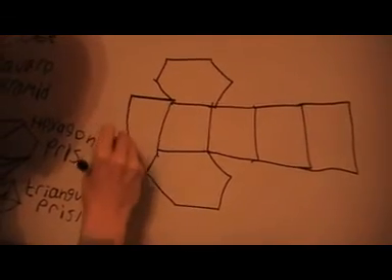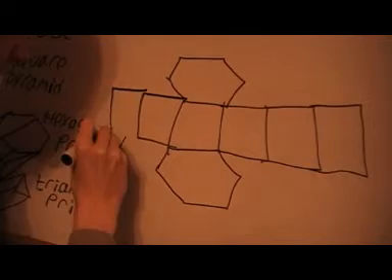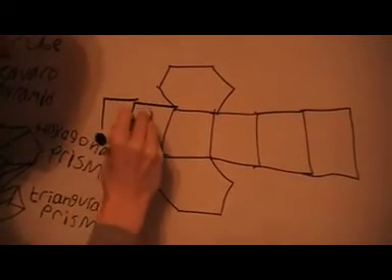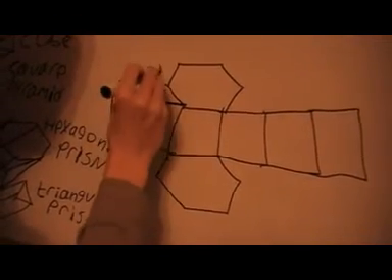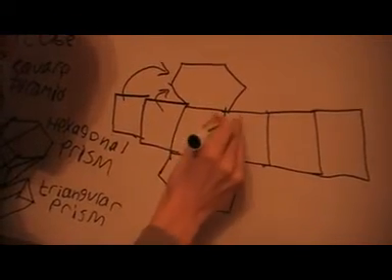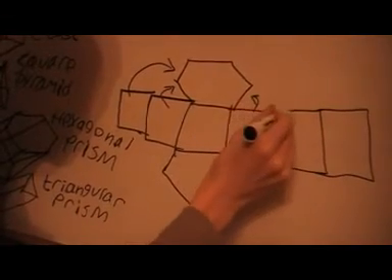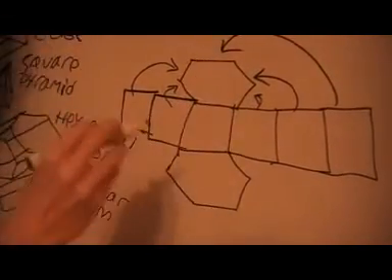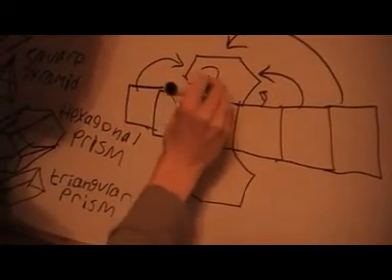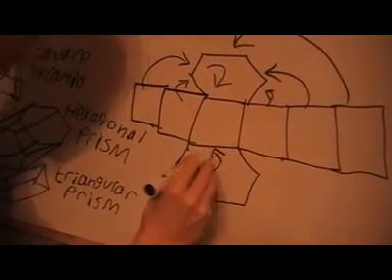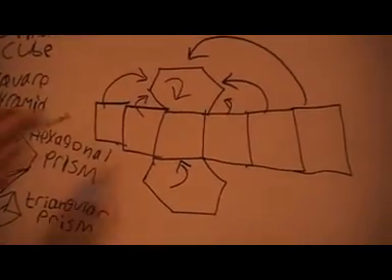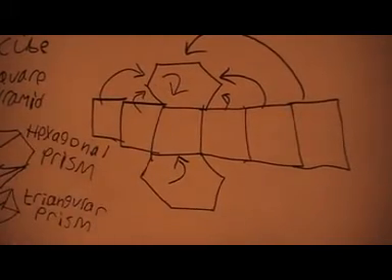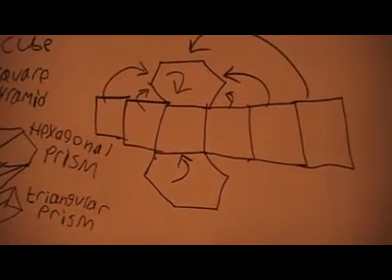And then the other ones come around here, 5, 6. Notice if you fold that in, that comes into there, that comes into there. If you fold these, that comes in there, that comes in there, and that comes in there, and these two come inward like that. So when you fold that up, that will make a hexagonal prism.